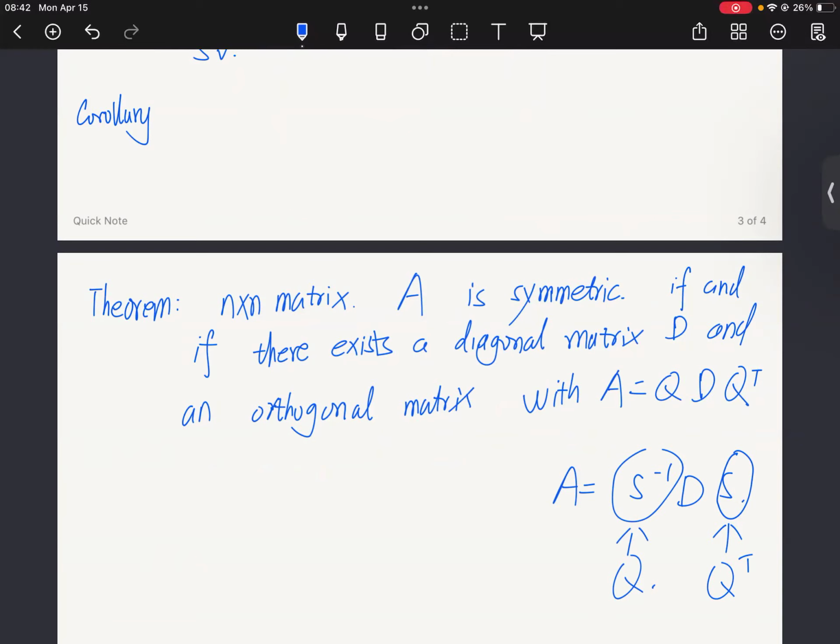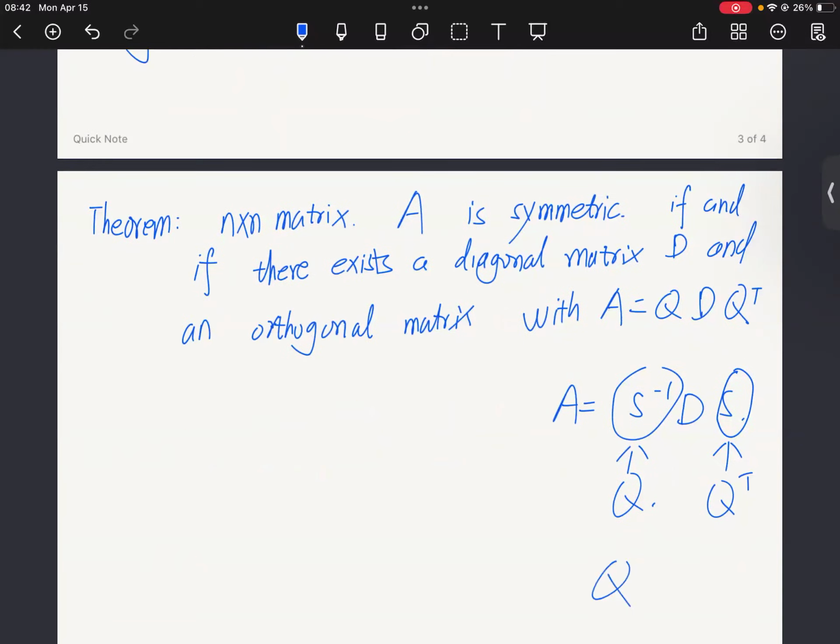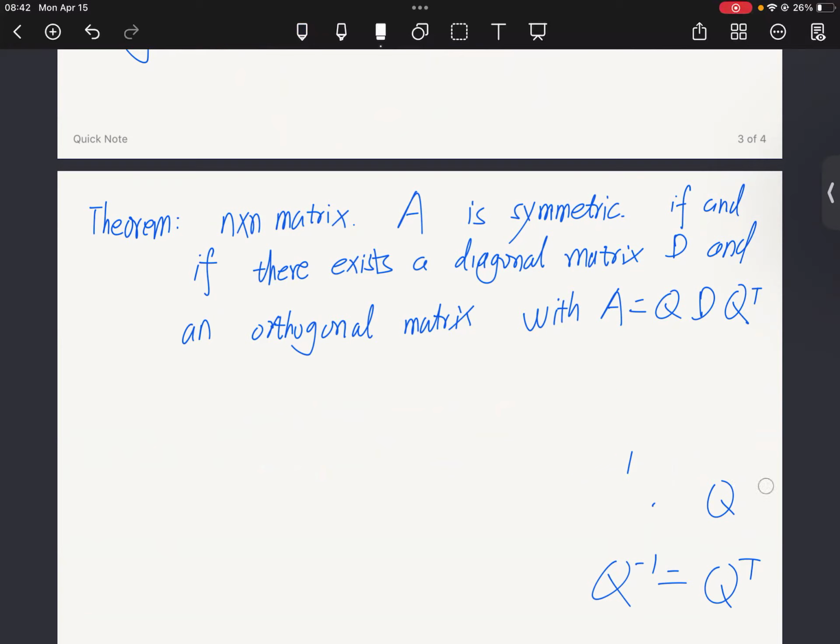Because we have the property that Q inverse is just Q transpose. So this means that any symmetric matrix is similar to a diagonal matrix, with the transformation matrix being an orthogonal matrix, and they have nice properties here.